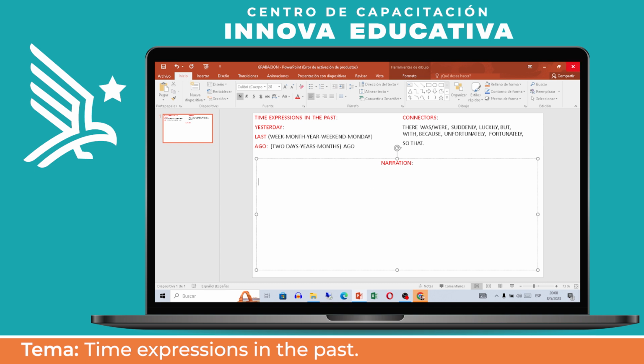And now we are making our narration. We're going to make a little narration in the past time about an anecdote, acerca de una anécdota en pasado, or we can create our own story, o crear una historia in past time in order to play with the verbs, in positive, in negative, using expressions in the past, using connectors.